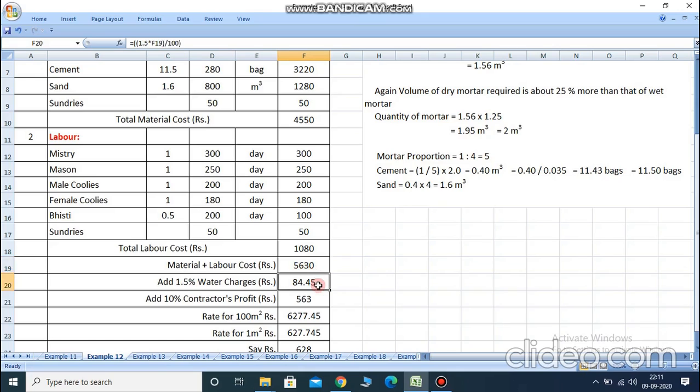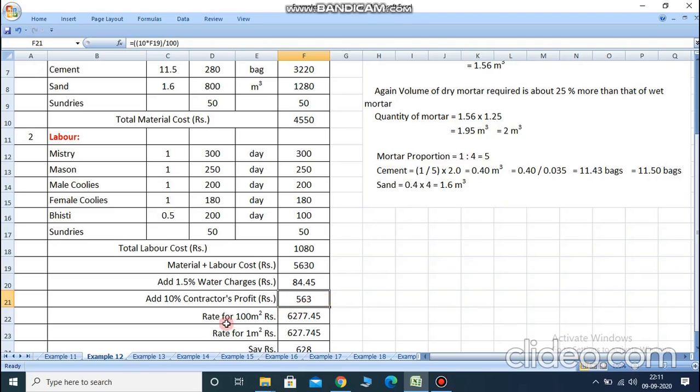We got the answer 84.45 rupees of water charges, which we include in the rate analysis. Then we add 10% contractor profit. So 5630 multiplied by 10% is 563 rupees per 100 meter square as contractor profit.